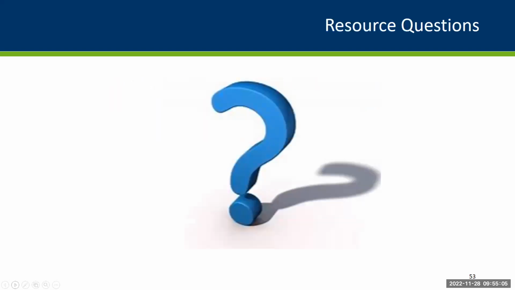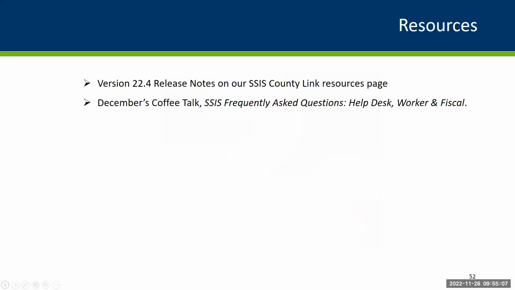Here's the announcement. Join the SSIS Business Operations section at DHS for December's Coffee Talk. This Coffee Talk is going to be SSIS frequently asked questions: help desk, worker, and fiscal.